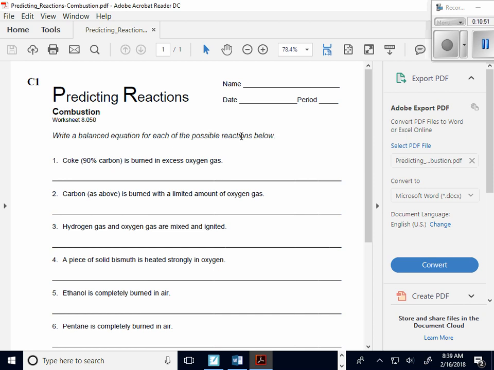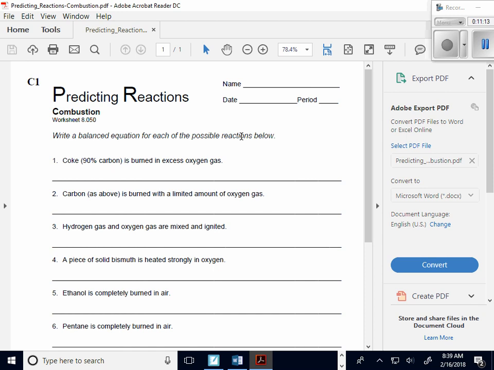Make sure you make a note of what those products are. Now, number 3 and number 4 are also combination reactions. So you're not going to get into the combustion until you get to ethanol on number 5.